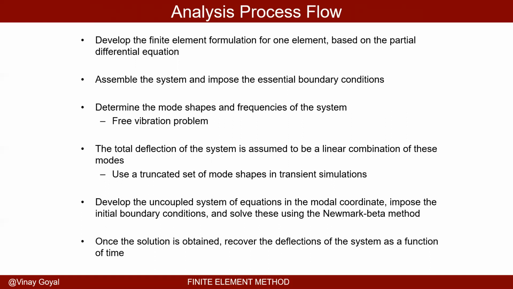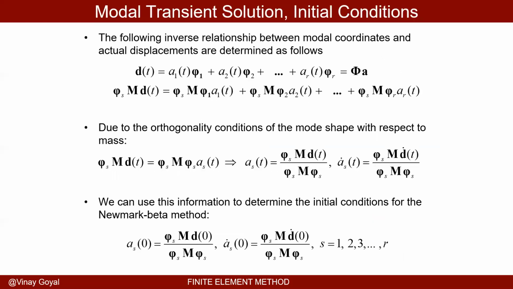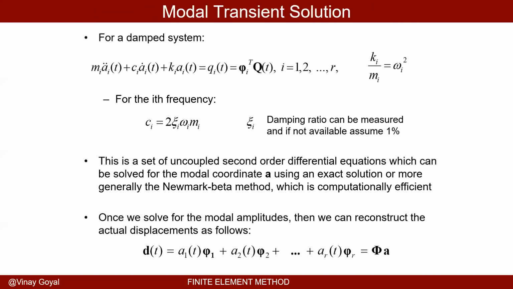Once the solution is obtained, you can then recover the deflections of the system as a function of time. And I discussed that here carefully. So once I know A as a function of time by integrating these equations, I can plug it in here because I know the mode shapes. I can calculate the actual deflections as a linear combination of these mode shapes.